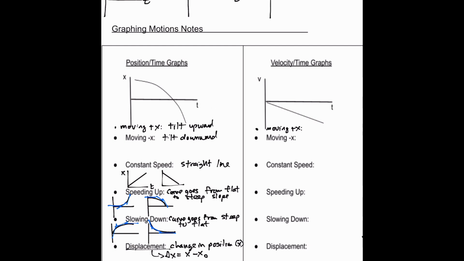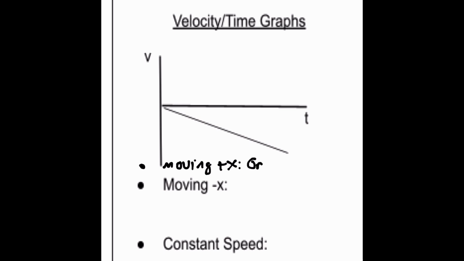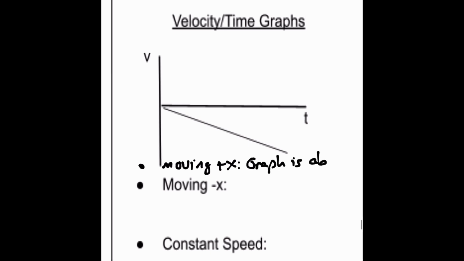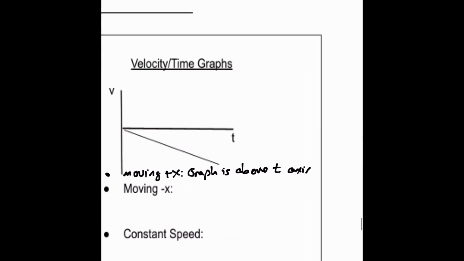But moving in a positive x direction for a velocity time graph means the graph is above the t-axis. The t-axis is this right here. If you had a velocity time graph looking like this, above the t-axis, you're moving in a forward, positive direction.